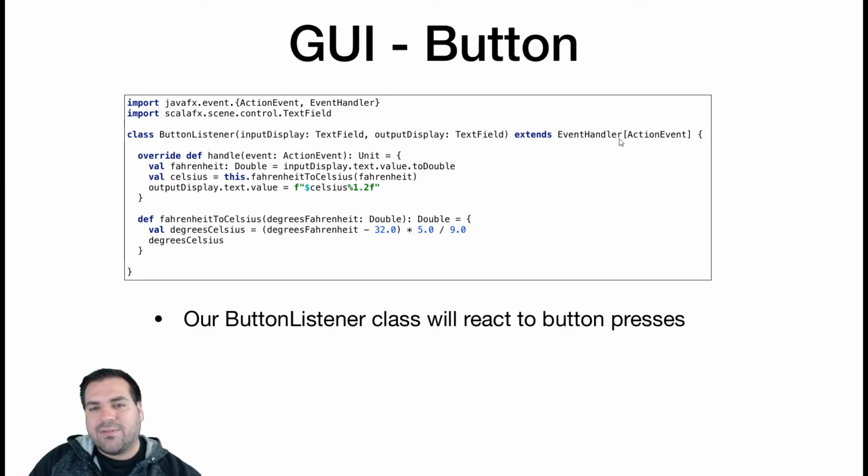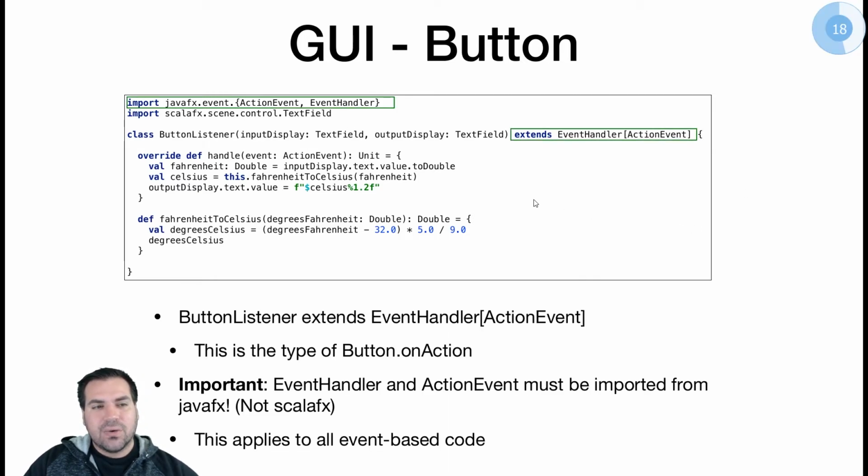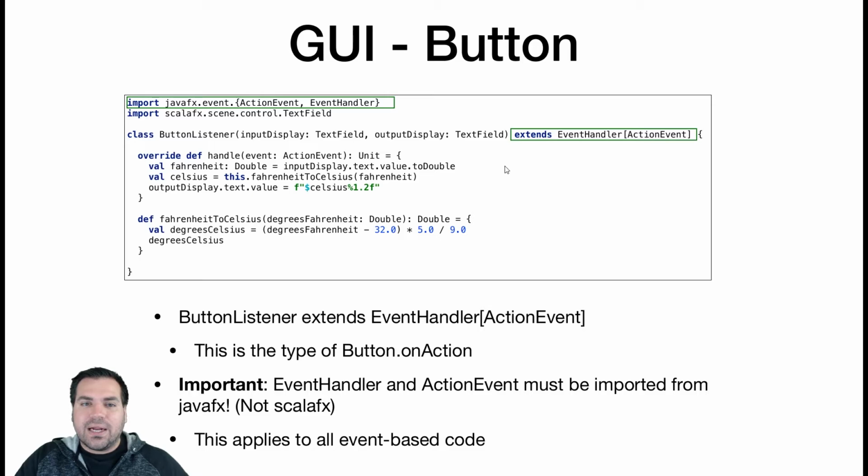And I have to extend event handler of action event because that's what the type is of that on action for the button. And this is that one case, you're right, RT Keenan, this is the one case where we have to use JavaFX. This event handler, action event, and anything else related to events in our GUIs when we're using ScalaFX, anything related to the events has to be from the JavaFX library.